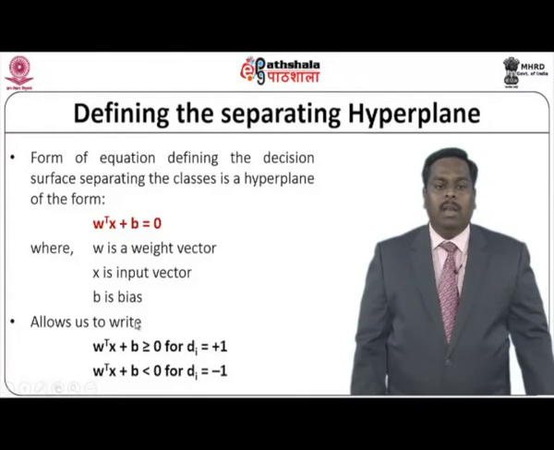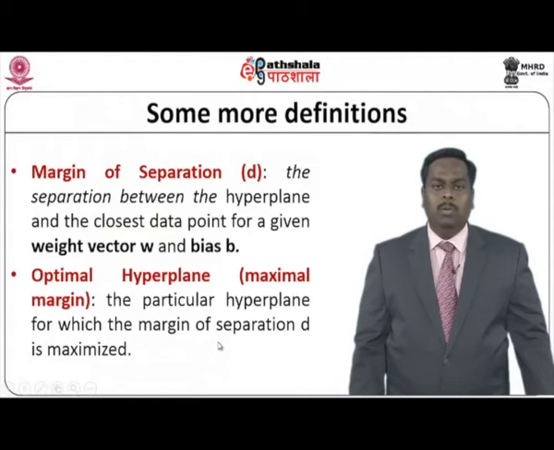And we can also write this in two forms indicating the two types of data associated to two types of class labels. If this equation's value is greater than or equal to 0, then it is associated to the positive data, else it is associated to the negative data. Here positive and negative mean the two class labels associated to the given data set.